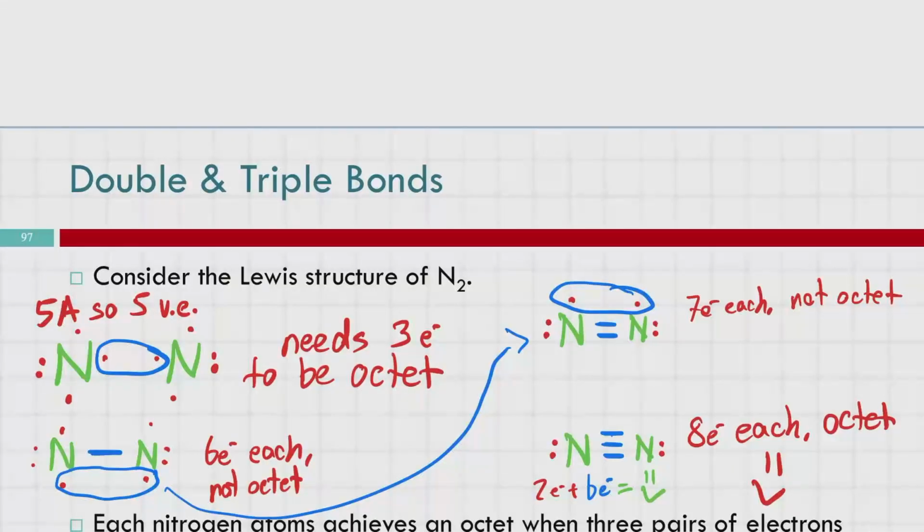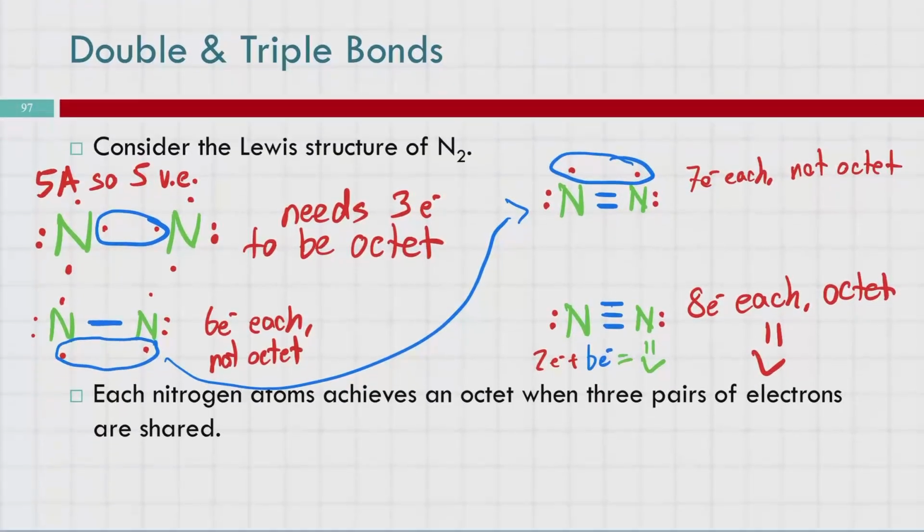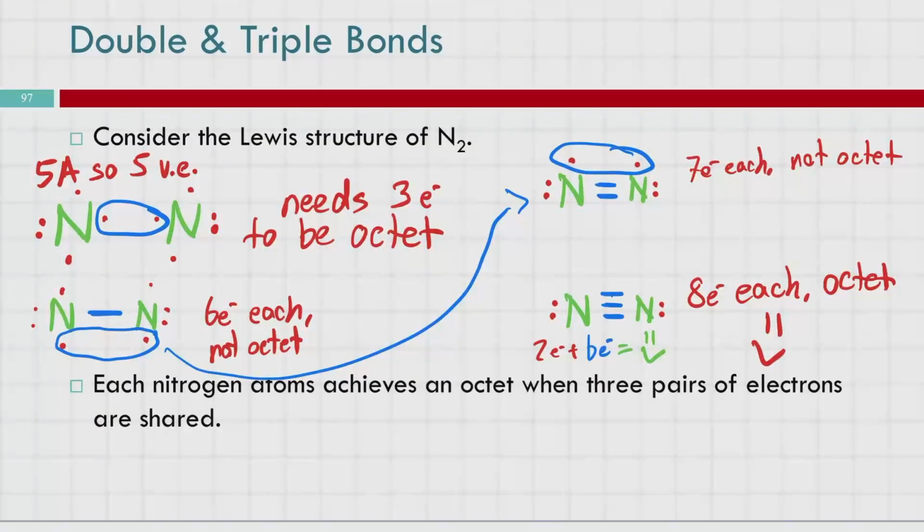They're happy. So each nitrogen atom has 3 pairs of electrons shared. So now we're triple bonding, we're not just double bonding.